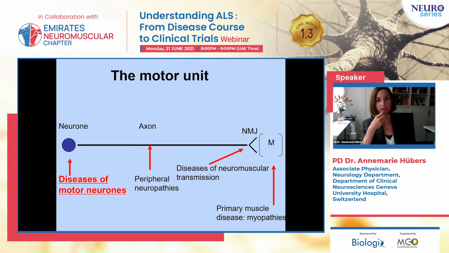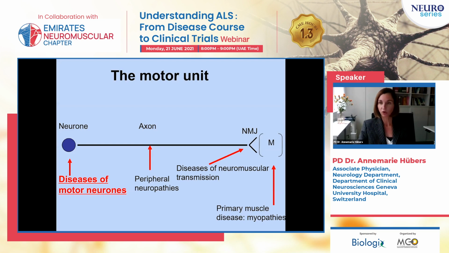So if you look at this scheme of the motor unit, in general, motor neuron diseases are located really at the body of the neuron, at the core of the neuron, whereas mimicking diseases, especially peripheral neuropathies, are located on the axon.